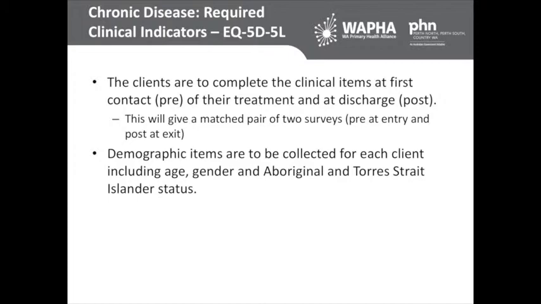We require that this is collected at first contact and discharge, so that there is a matched pair of two surveys so that we can assess improvement in symptoms. Demographic items are also being collected for each client, including age, gender, and Aboriginal and Torres Strait Islander status.